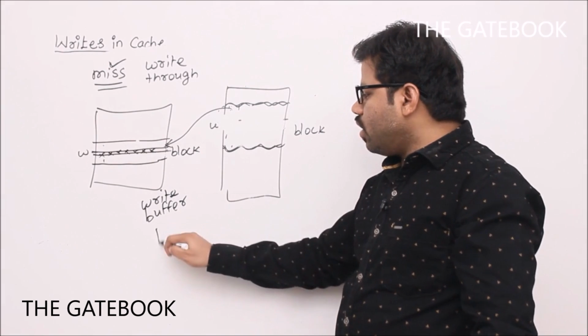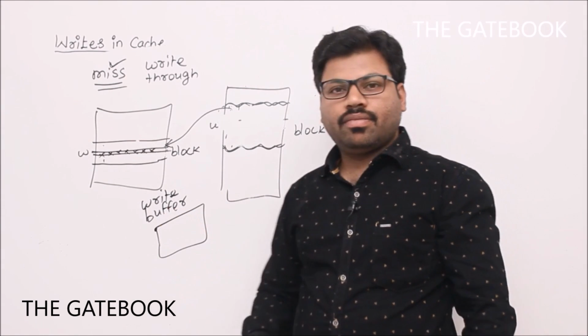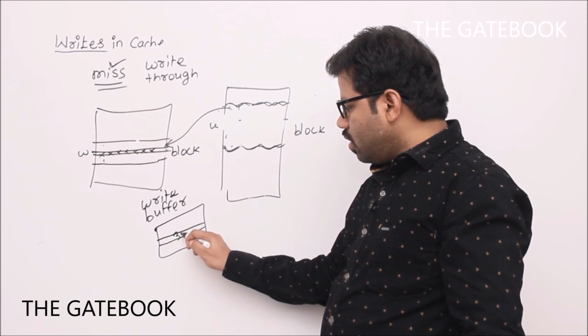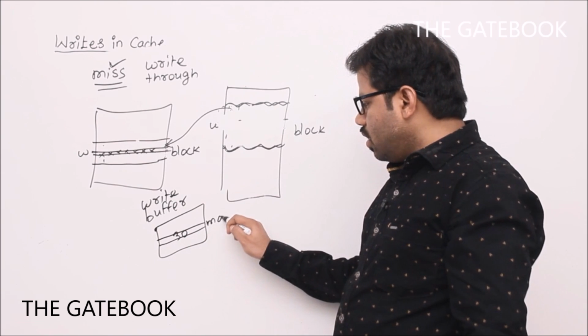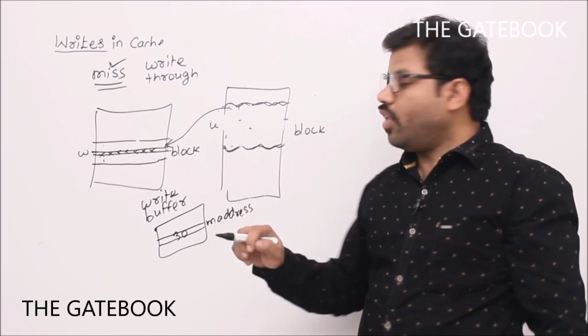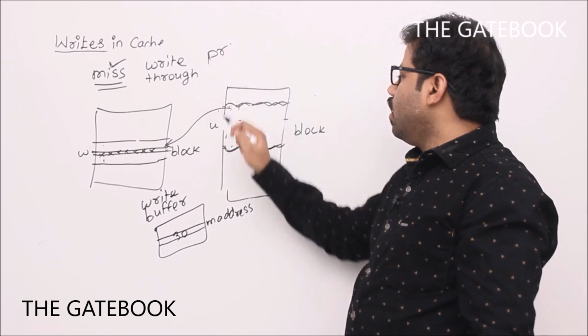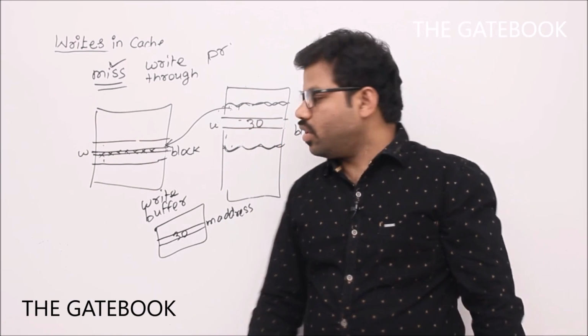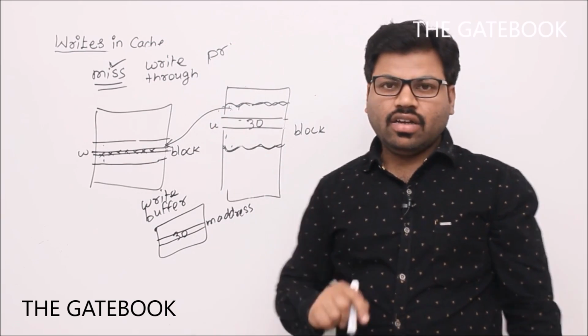After that, tell the write buffer, my dear buffer, I am giving you one data and memory address. Whenever you get time, whenever this memory is free and no processor is using it, go there and update. That is about a miss.